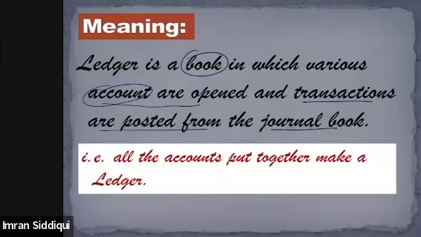See, if we talk about the sequence, journal entry always comes first. Only after that can we do the ledger. Journalizing is the first step, and then transferring the transactions to the ledger is the second step. All right, so all the accounts put together make a ledger.